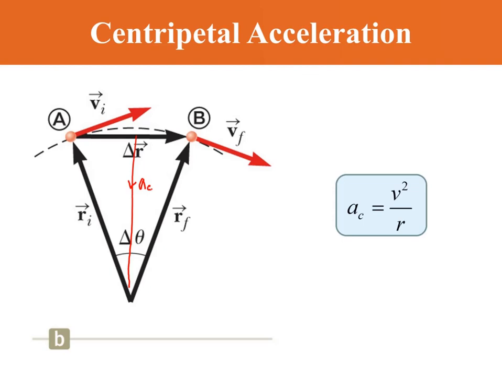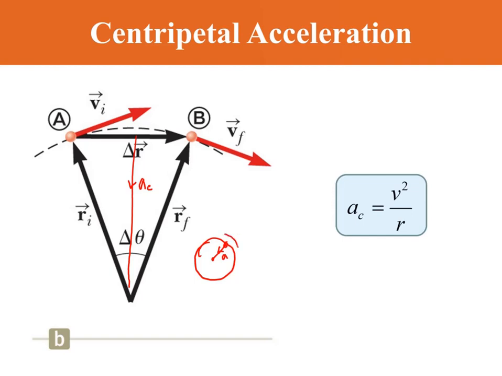But centripetal acceleration will exist as long as you move in a circular motion, whether your object or your car just now is moving at a constant speed or accelerating. Both types of motion, as long as it is a circular motion, will produce centripetal acceleration. Centripetal means center seeking, so as long as you move in a circular motion, there will be centripetal acceleration towards the center.